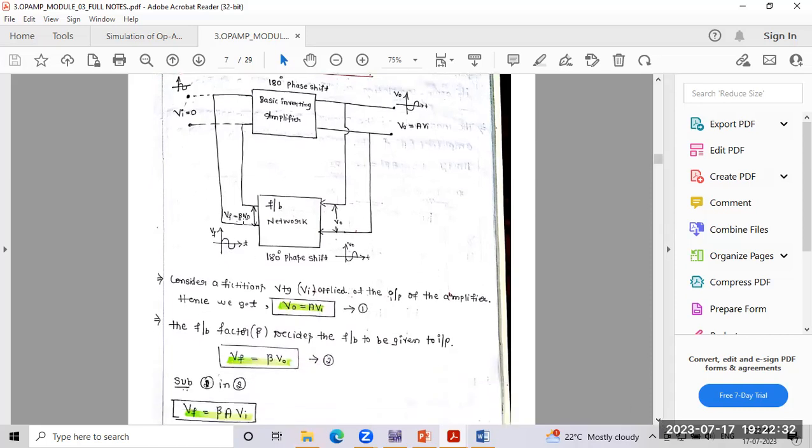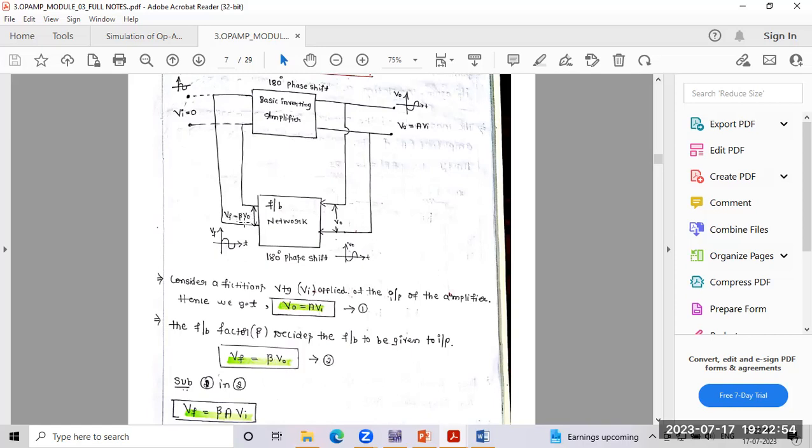Beta is nothing but the feedback network factor, the feedback factor. In the basic inverting amplifier, output is A into Vi. What is the input for this feedback network? V naught. So that's why VF, the feedback voltage, equals beta into V naught.